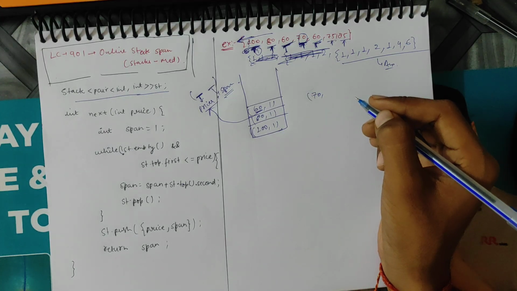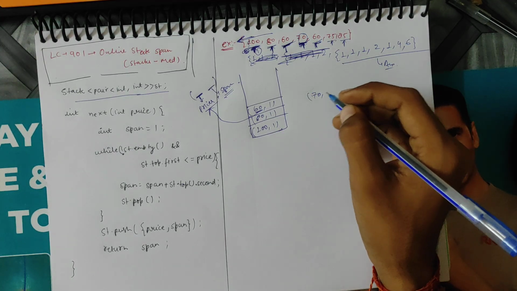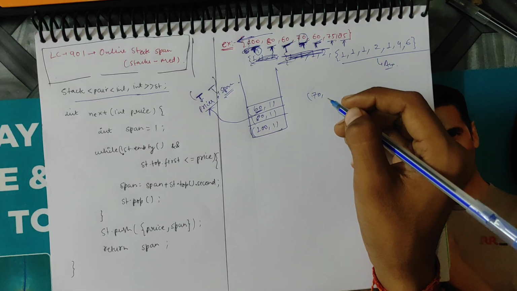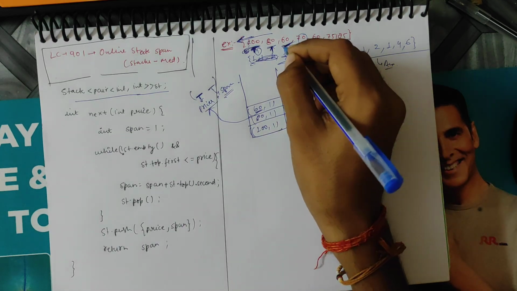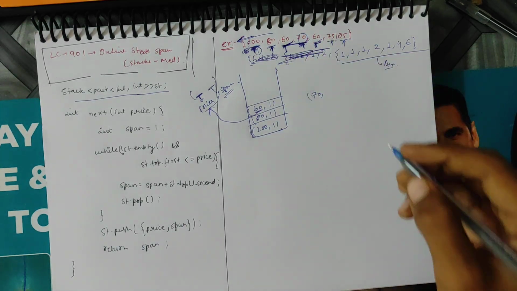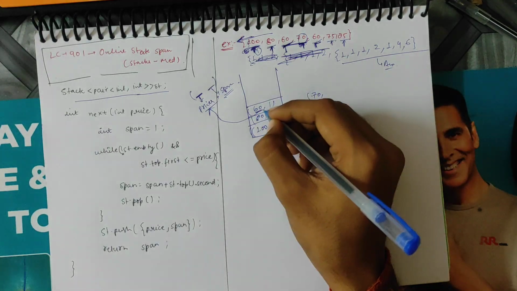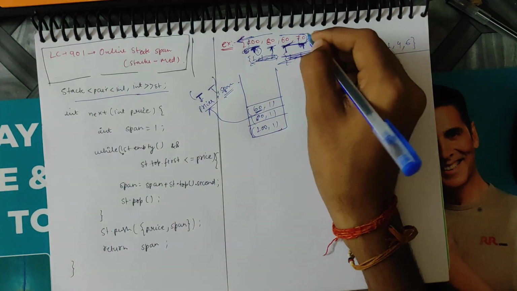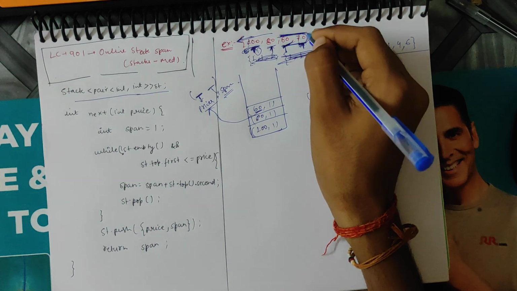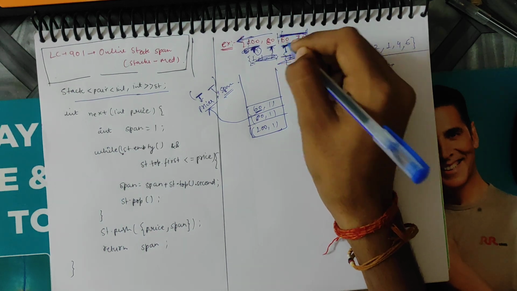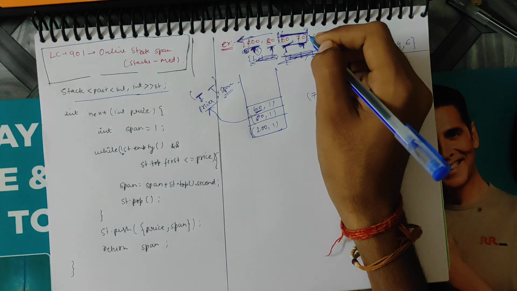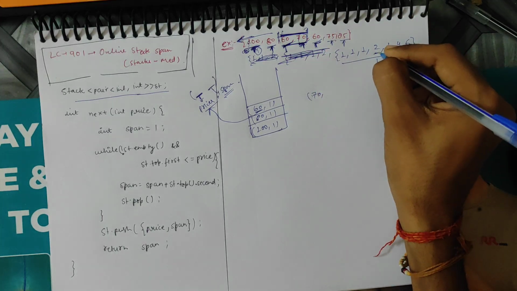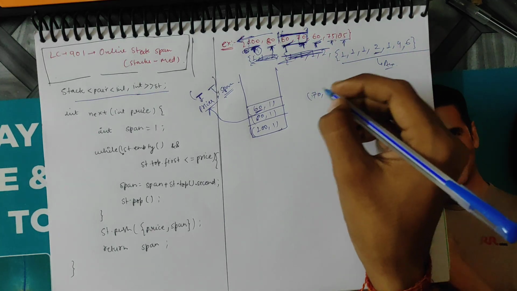After that we move to 70, and how many elements are less than 70? 2 elements. Now 70 dominates over 60 because for 70 we have included 60 as well.